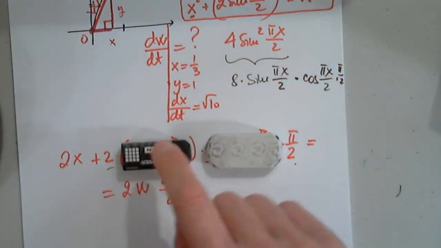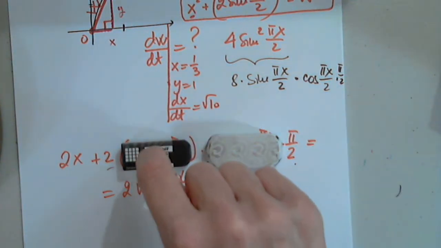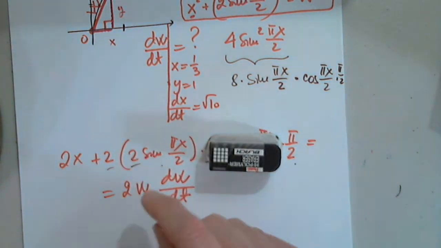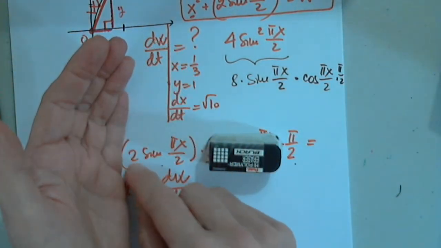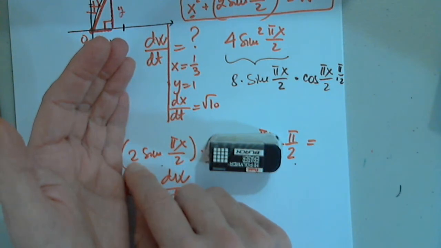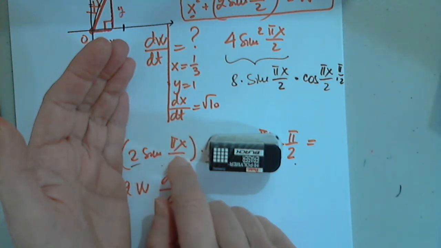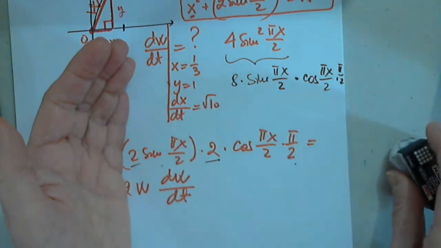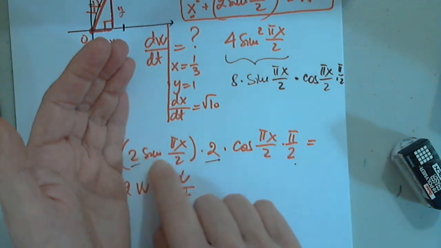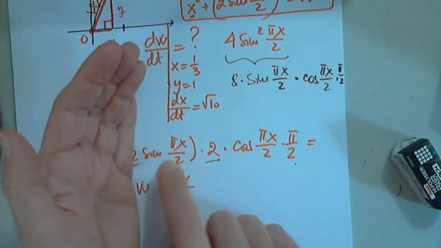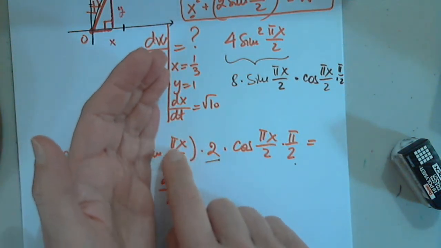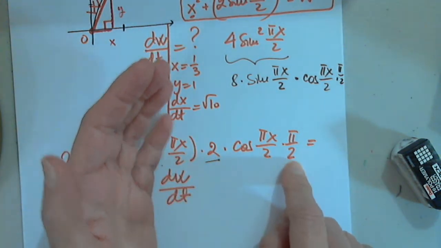So 2 times the function to 2 minus 1 times this function prime. So when I differentiate this, I have 2, which has to stay. I have cosine pi x over 2 times the inner function prime, which is pi over 2. 2, because I'm differentiating this. 2, sine prime is cosine, the inner function is pi over 2.